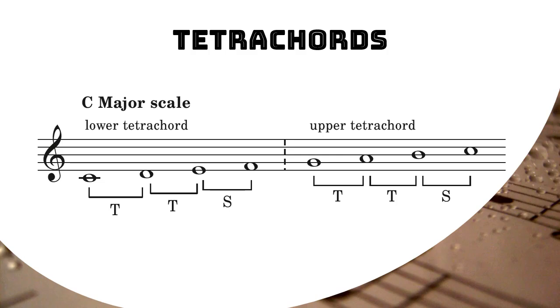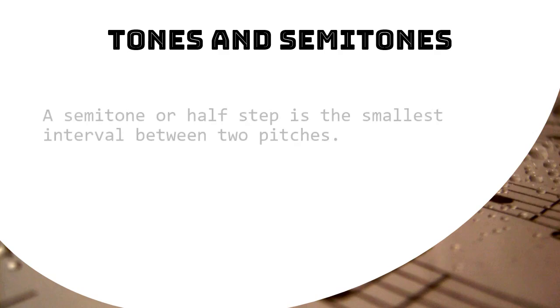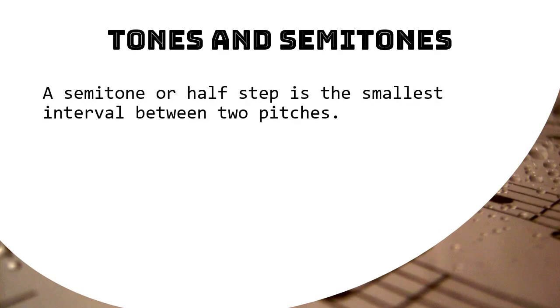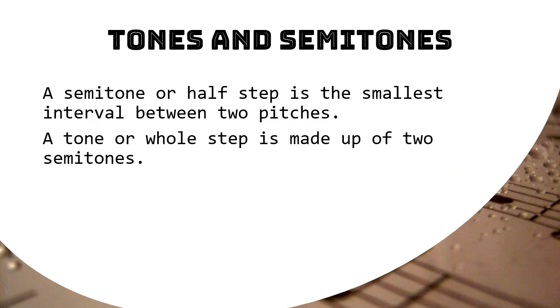But we equally need to understand how the tones and semitones are structured. First and foremost, let's look at the definition of a semitone. What is a semitone? A semitone or halftone is the smallest interval between two pitches. A tone or whole step, therefore, is made up of two semitones.